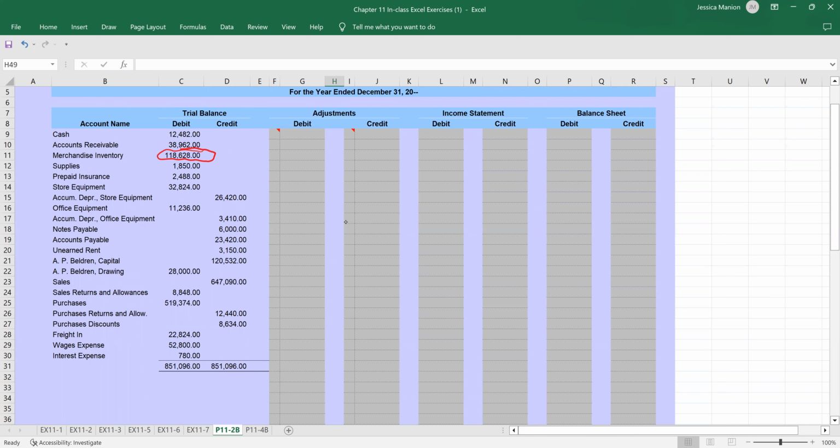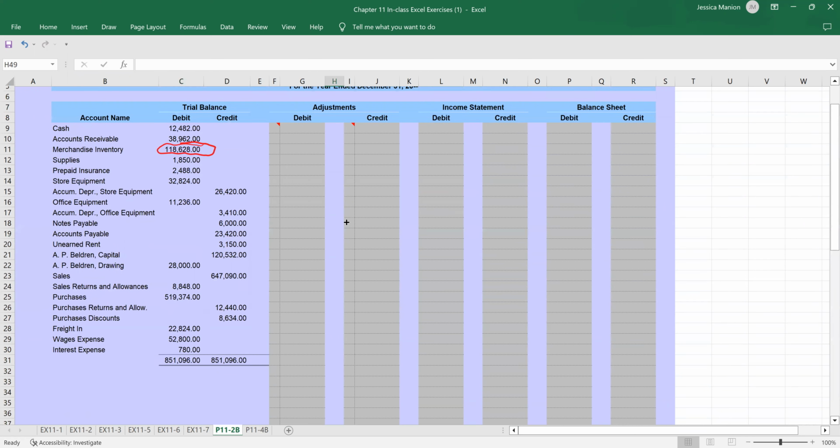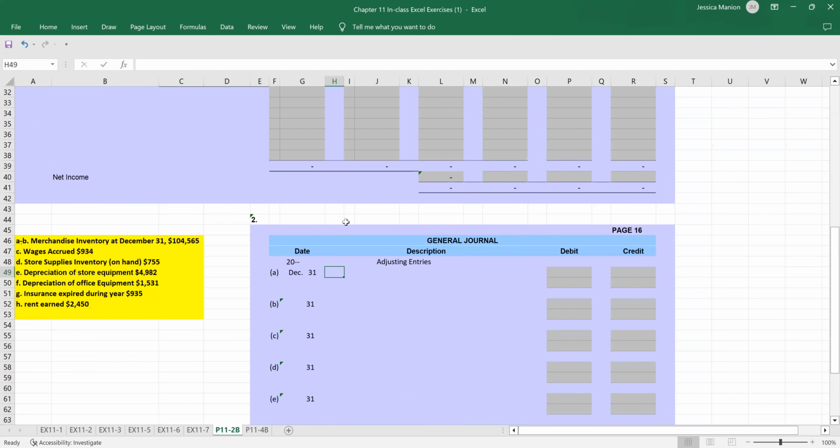118,628 is what we need to do our first entry for. So we debit income summary.